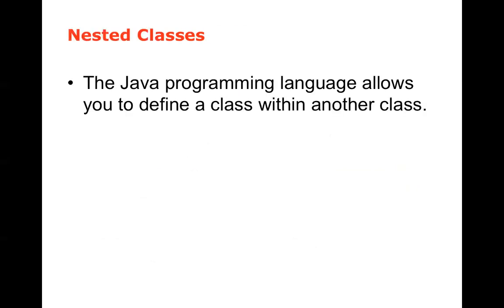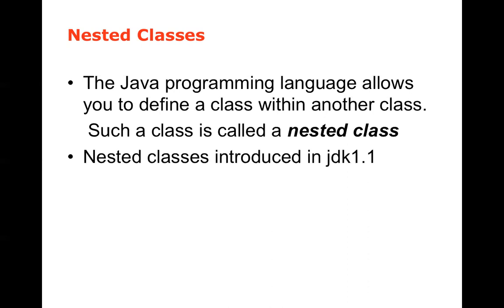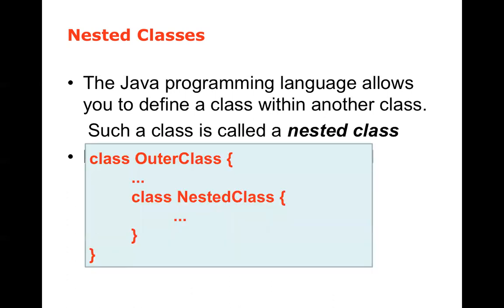What are nested classes? In Java, we can actually define a class in another class, and these classes are called nested classes. These classes were introduced from JDK 1.1 onward. So you have some outer class, and as part of your class you can define one more class.